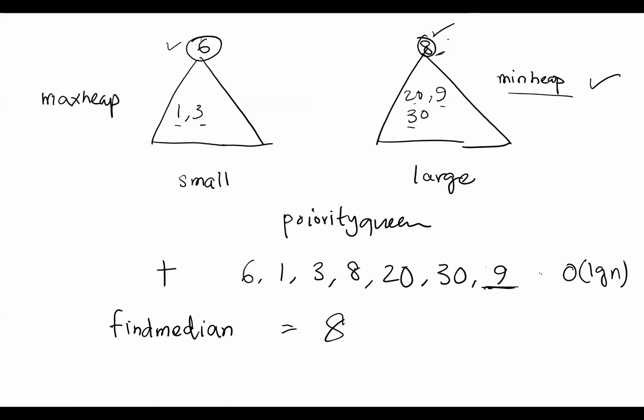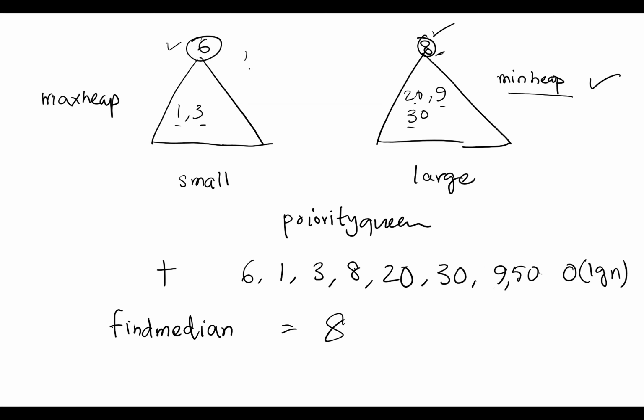Okay, now more things that we have to think about. Let's add, say, 50, okay? Now the number of elements is again becoming even, so we obviously want to keep both the heaps the same size again, right?